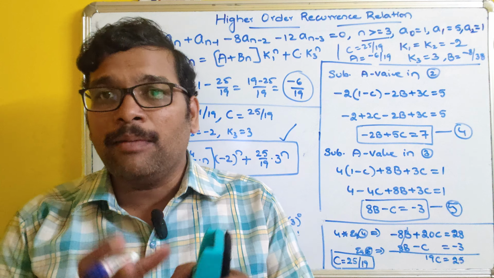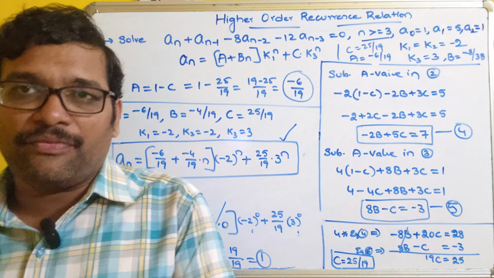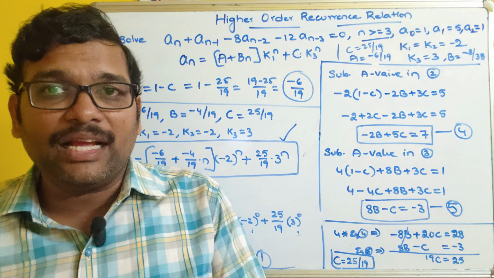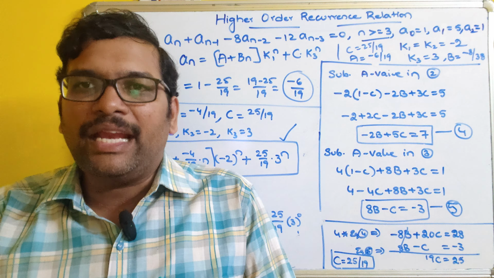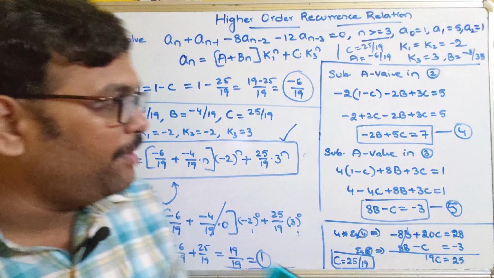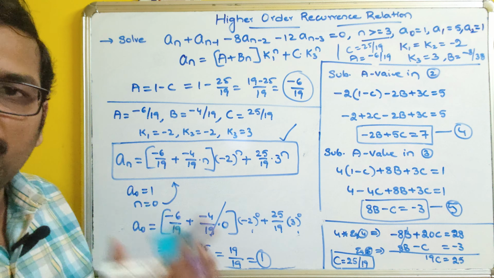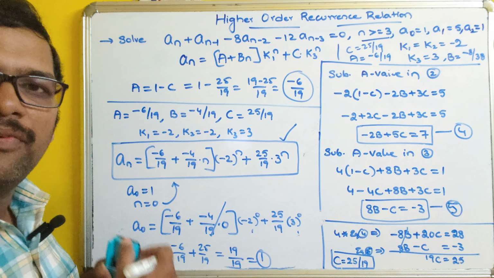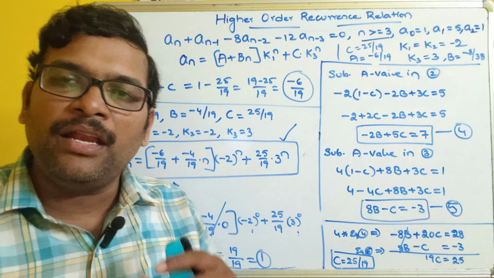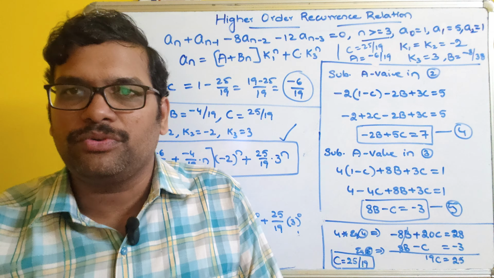So we may get some roots as equal and some roots as different. In that case, we have to join two cases and create a formula. The same thing happened here also. Here among the three roots, two roots are equal and one root is different. So we have defined a formula combining case 1 and case 2.